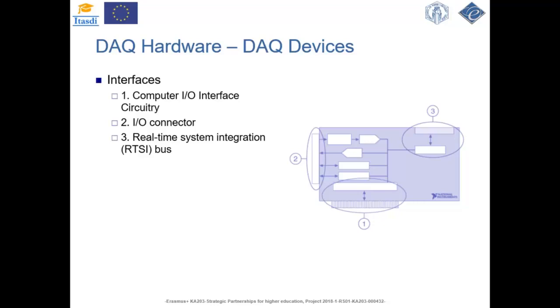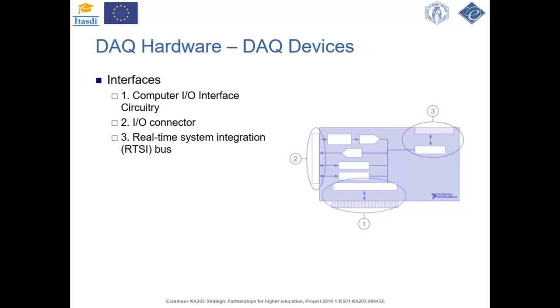The data acquisition device houses the analog to digital converter. Most of them have an onboard clock, and so they handle the acquisition and the transfer of the data to the software located on a computer.